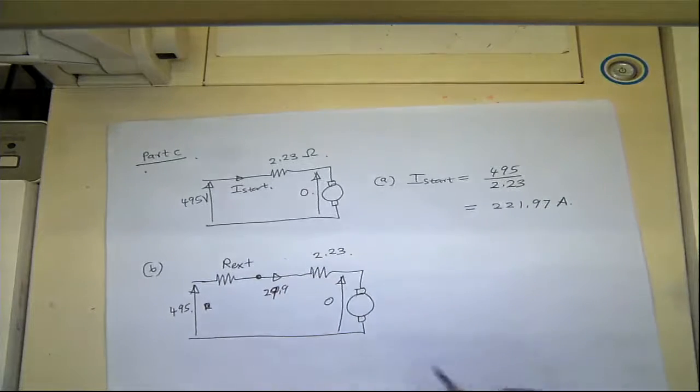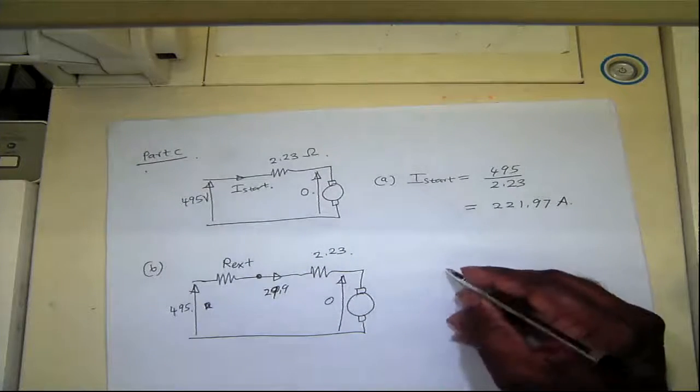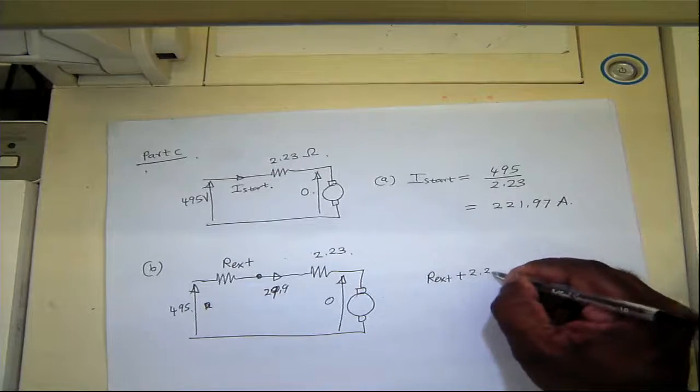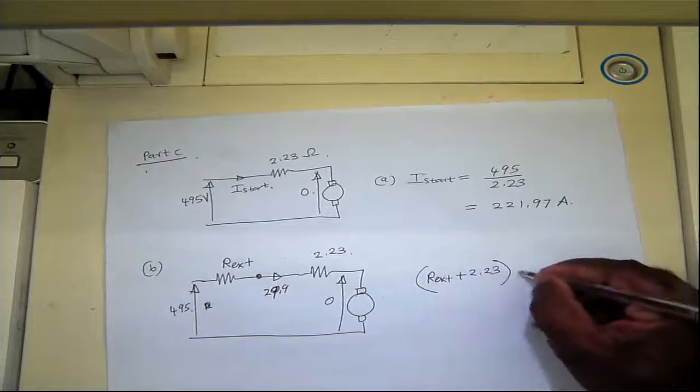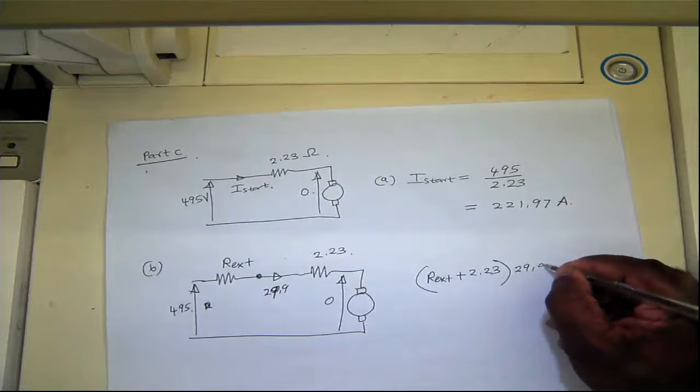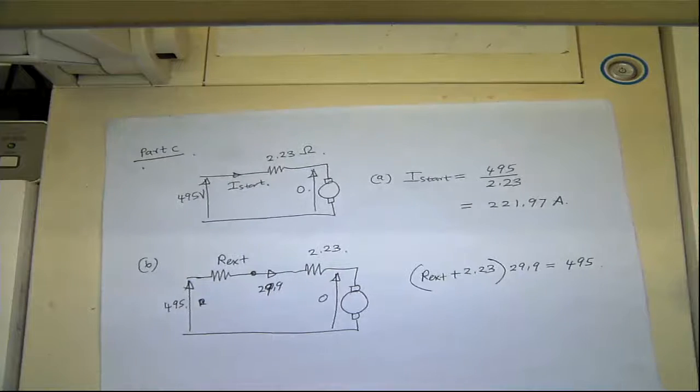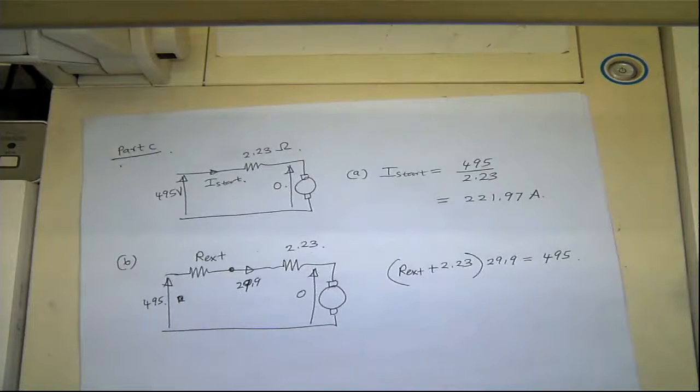So we can write Kirchhoff's voltage law to this. R external plus 2.23 times the rated current should equal the full voltage we have, and that's Ohm's law.